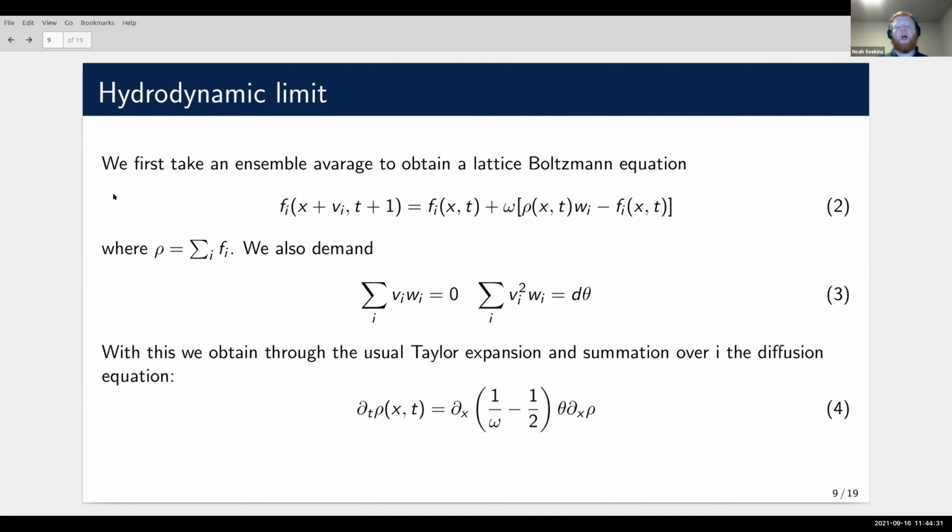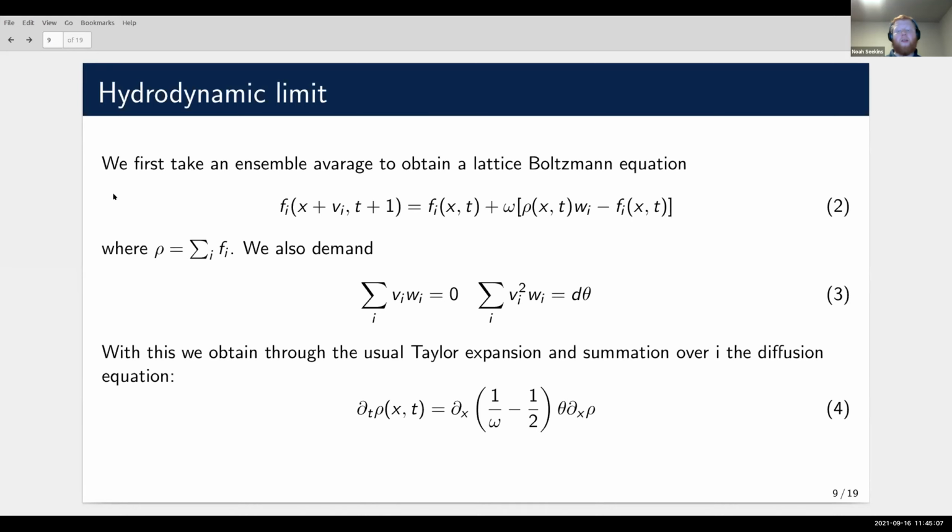We take the ensemble average to get the Boltzmann equation with f_i of x plus v_i, t plus 1 equals f_i of x and t plus our psi_i, which is omega times rho of x and t, w_i, minus f_i of x and t, where rho is the sum of our f_i's. We also demand that the sum of v_i w_i is 0 and the sum of v_i squared w_i equals d theta.